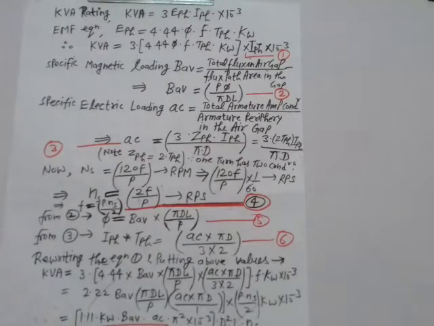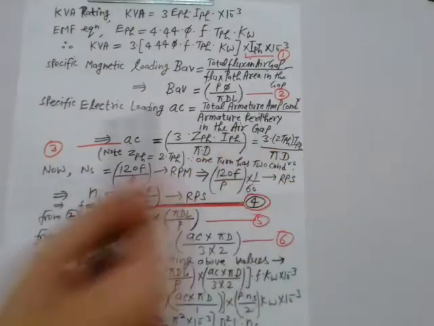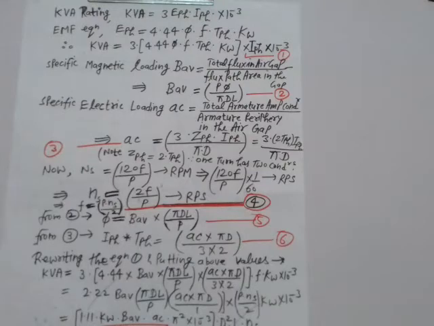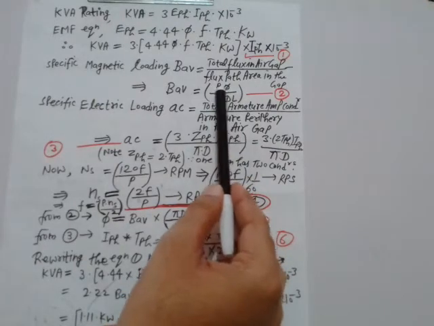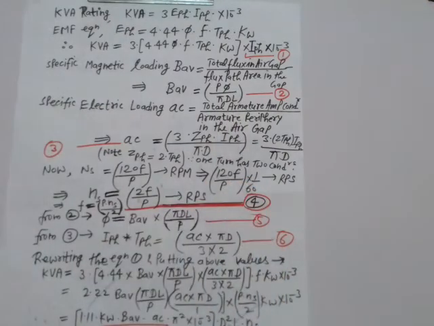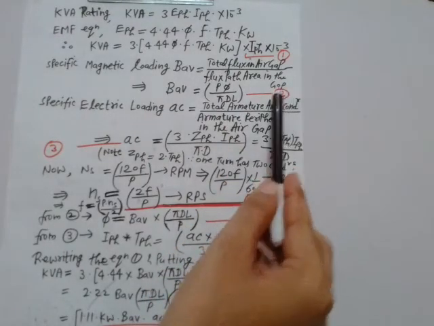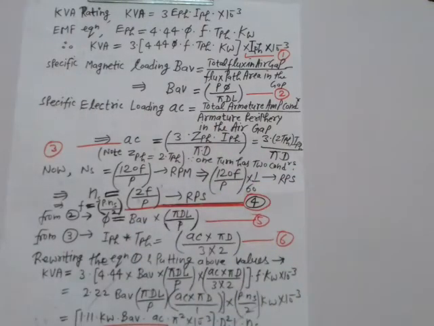Basically, total flux is P phi, because phi is flux per pole and suppose there are P poles in the machine, so the total flux in the machine is P phi. The flux path area in the gap is pi DL, right?